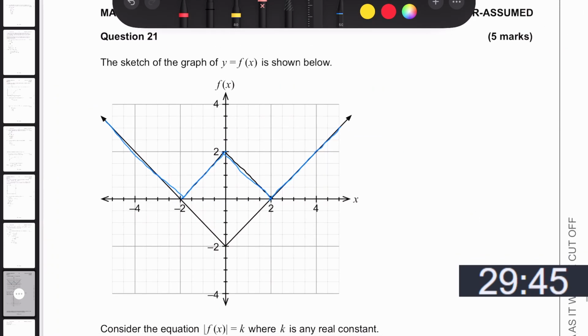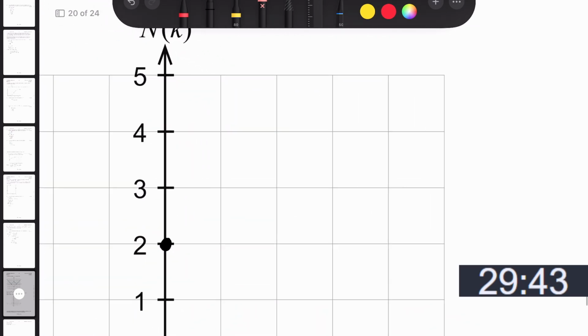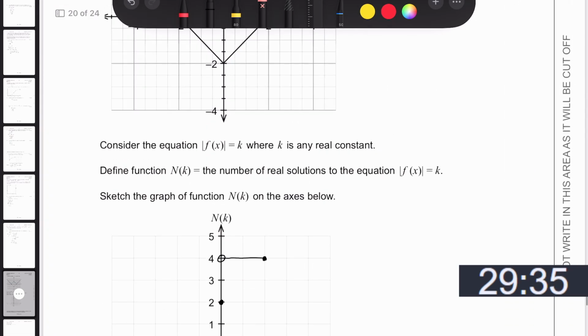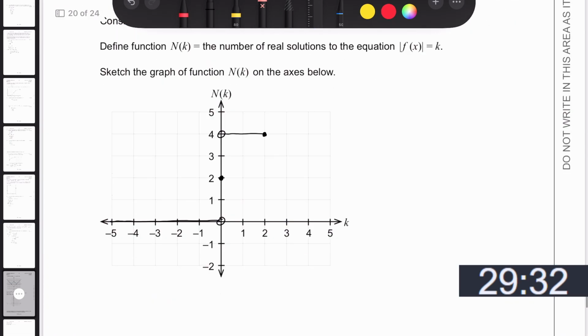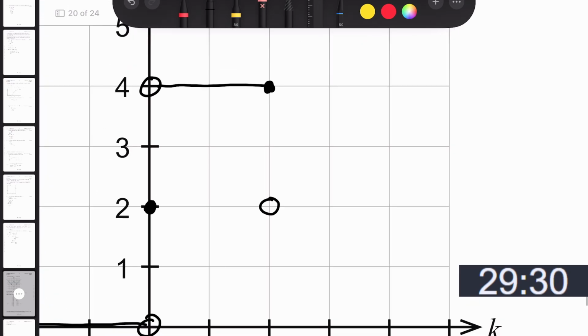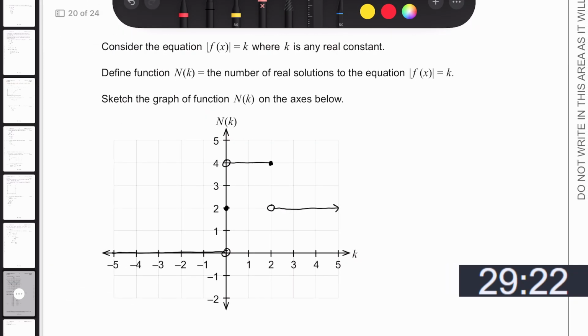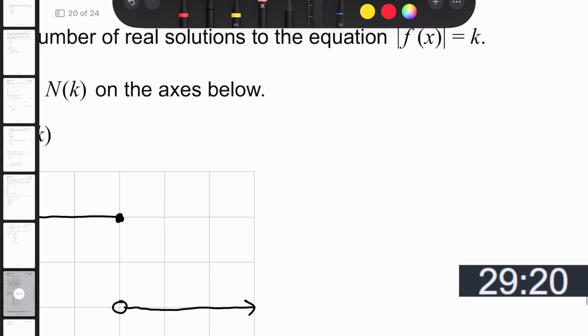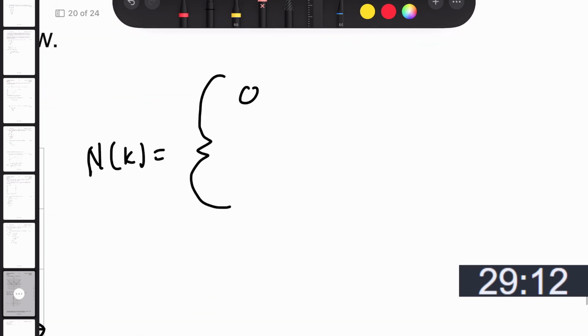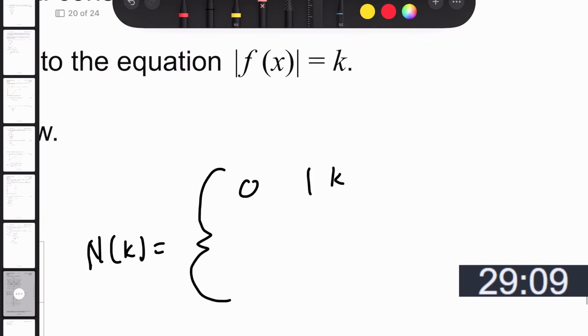So 2 is the last point, it has 4. Something like that. And then if it's anything above 2, it's back to 2. Sketch a graph. So n of k is equal to 0, given that k is less than 0.